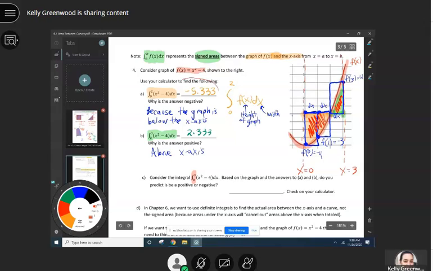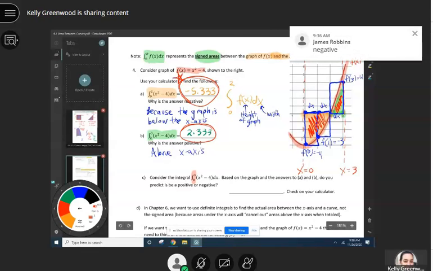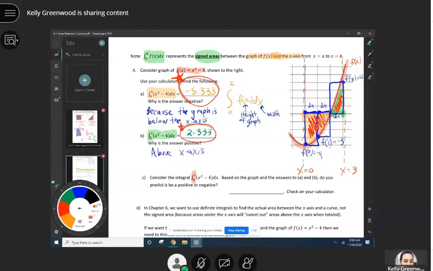So part of it was negative 5.33, and part of it was positive 2.33. What would you think if I added those together? What happens when you add a positive to a negative? They cancel out, right? They like vaporize each other. So if I had more negative space than positive space, when I add them together, I'd predict that overall I'd end up with a negative area, right? Because I had more negative area and less positive area.